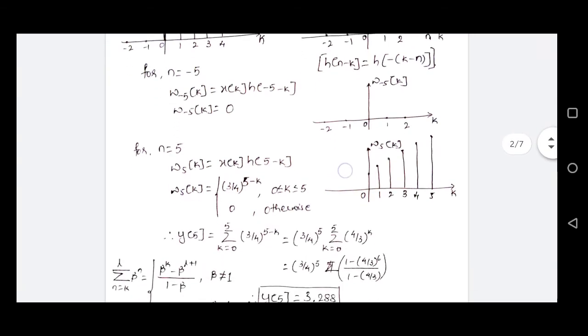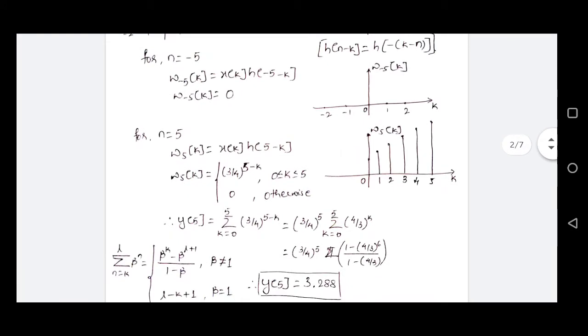For the next interval, for n equals 5, the impulse response will be shifted towards the right side. Now if we take the product between the input and the shifted impulse response, the intermediate signal can be written as w5 of k.